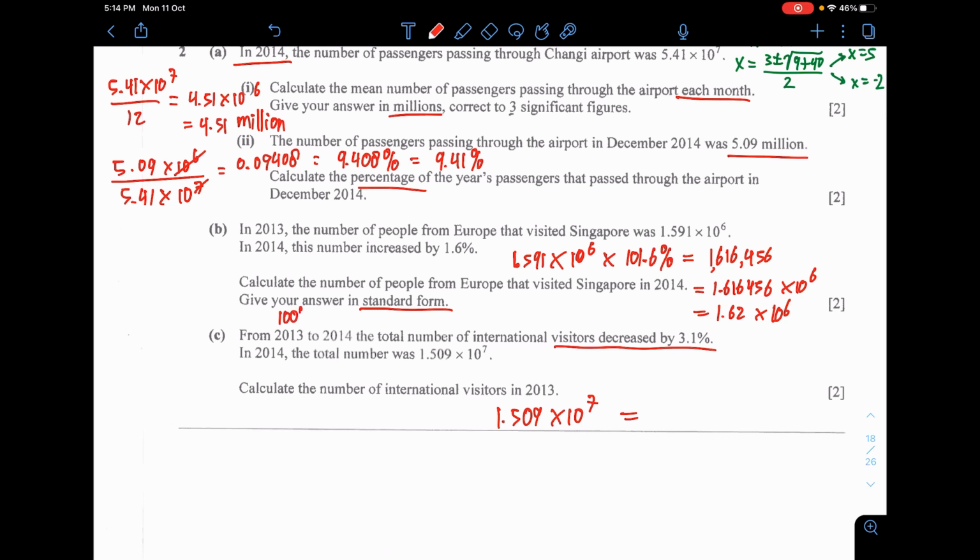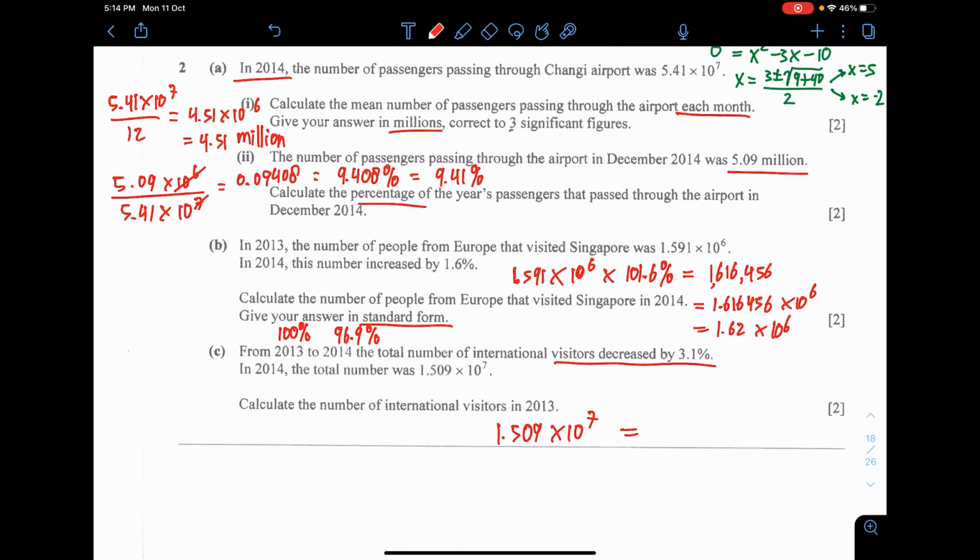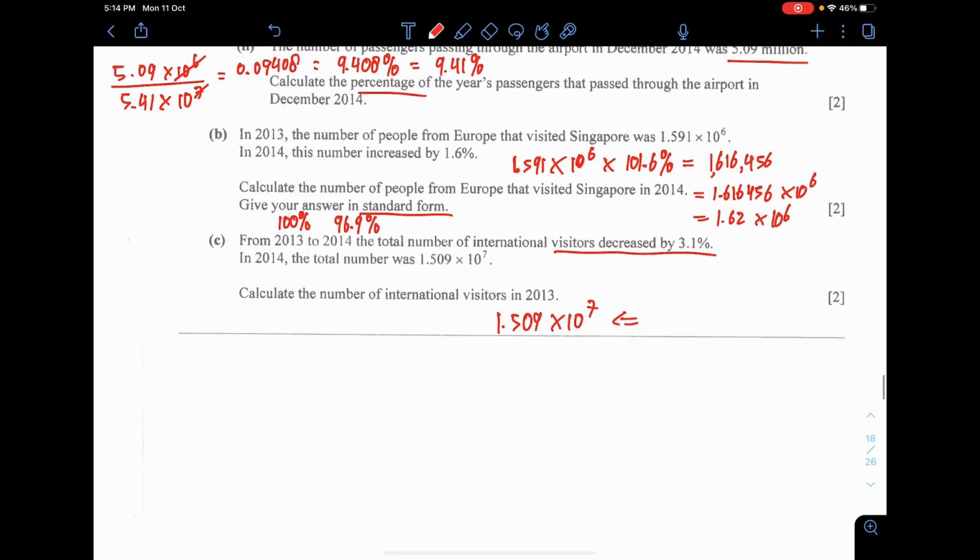Think about it: in 2013 this is actually 100%. In 2014 the drop is 3.1%, meaning it's 96.9% in 2014. So I can say that this figure, 1.509 times 10 to the power of 7, represents the 96.9%. Your job is to go back to 2013, where the quantity is 100%.